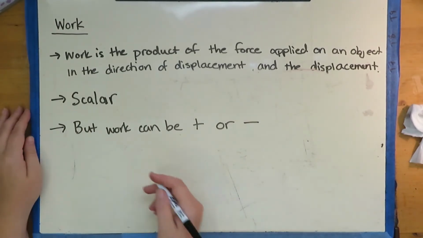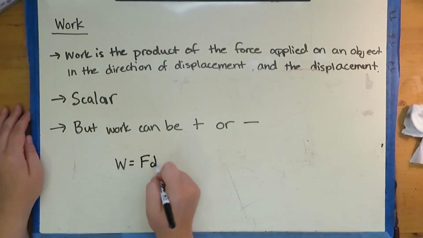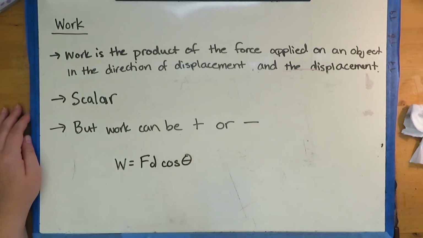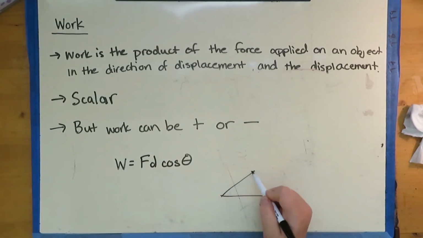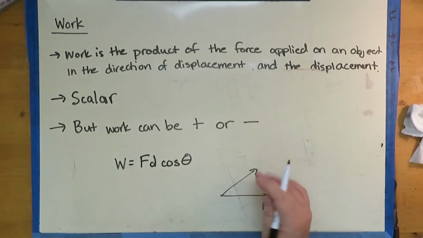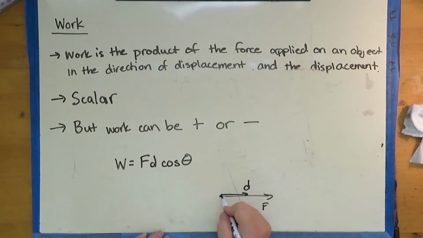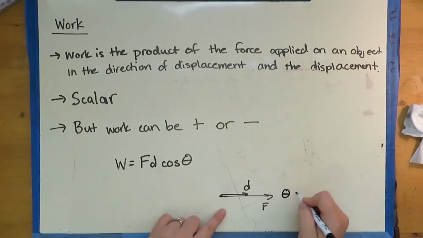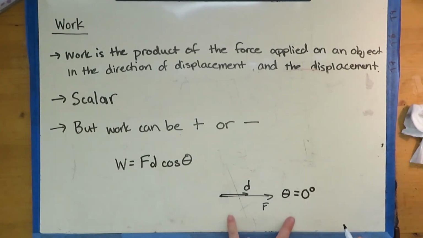So if we take a look at just the equation, work equals F d cosine theta, if I have my force here, F, and let's just say my displacement was in the exact same direction. If I was to calculate this, theta in this example would be 0 degrees because they are in the exact same direction.